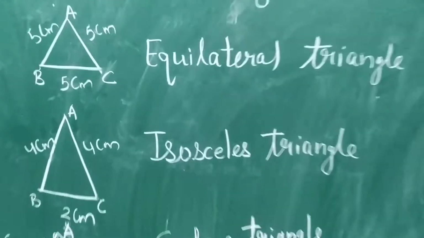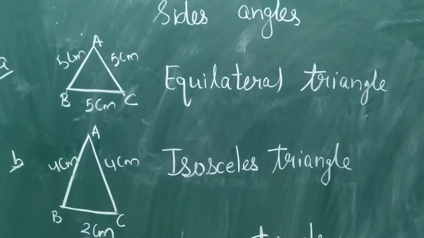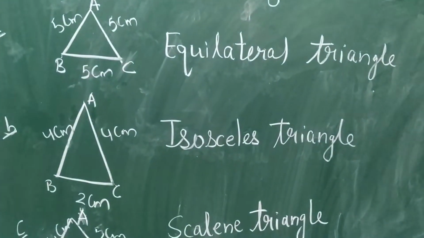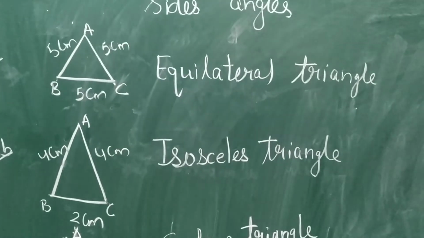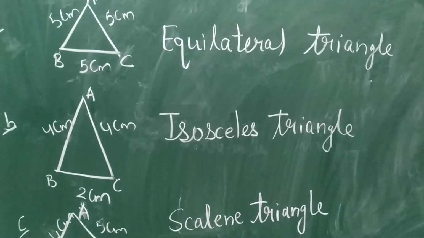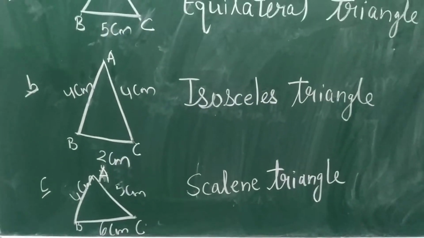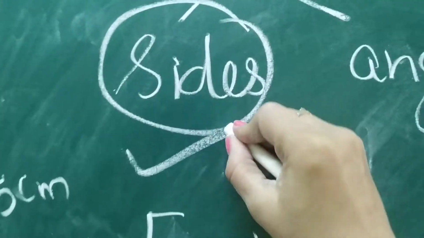So when we talk about the sides of a triangle, triangles are of three types. First is equilateral triangle, second is isosceles triangle, third is scalene triangle. Equilateral triangle has all three sides equal, isosceles has two sides equal, scalene has all sides different. So we talked about the sides of a triangle here.